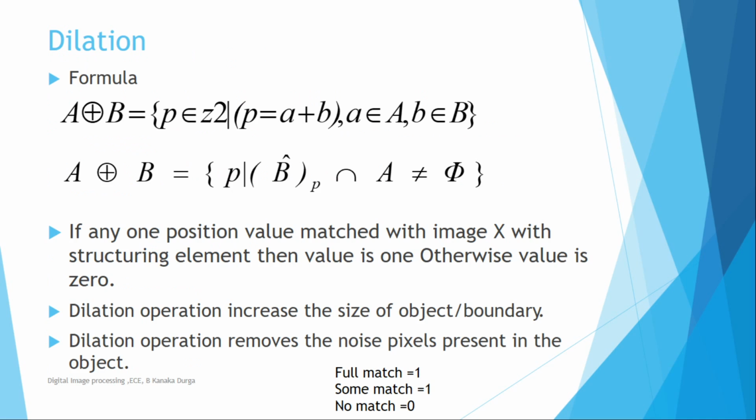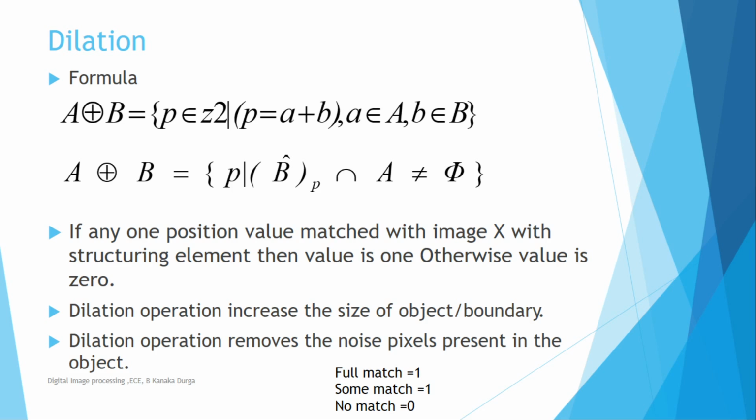We will discuss in detail. Dilation: A dilated by B is equivalent to the set of P belongs to Z square, where P equals A plus B, where small a belongs to capital A and small b belongs to capital B. We already discussed it in the previous dilation video. The symbol is a plus sign with a circle.